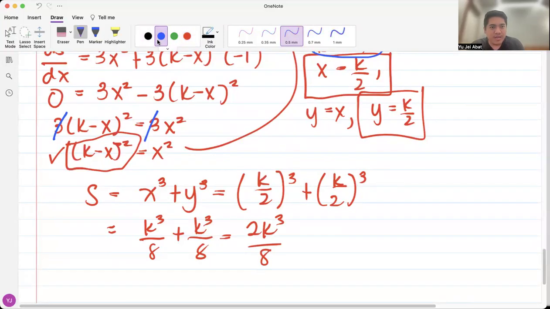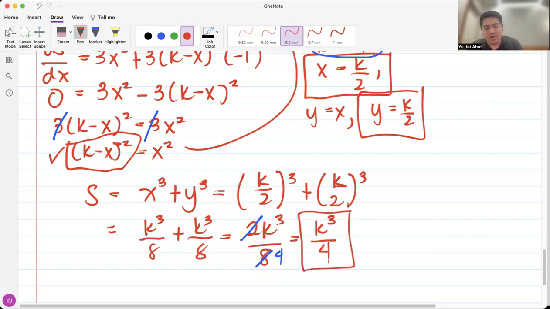Simplifying, 2 divided by 8 is simply 1 over 4, so you have k cubed all over 4. So the sum of their cubes will be minimum if we have k cubed all over 4.